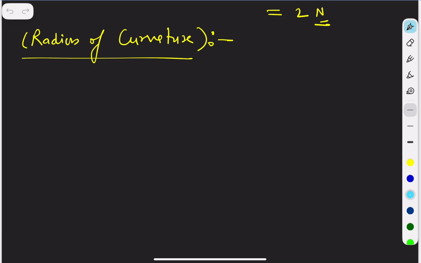Suppose you have any curve. Let me make it, because otherwise it would be problematic. So this is, let's say, a curve that we are having.